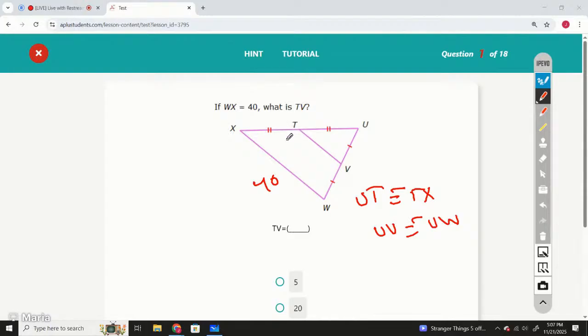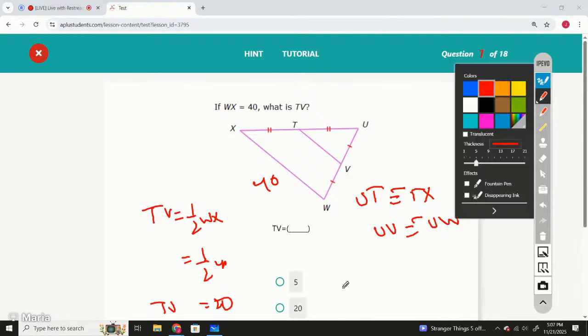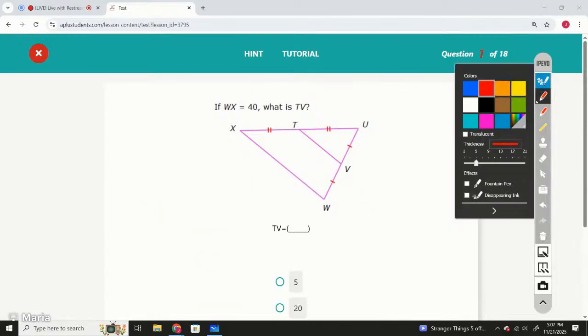So that means TV is exactly half of WX. Half of 40 is 20. The length of TV is 20. Option number 2 is the correct option.